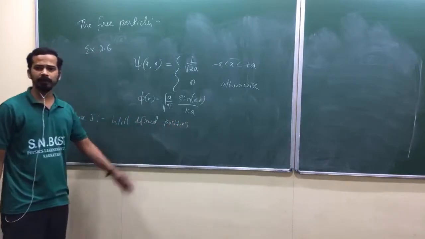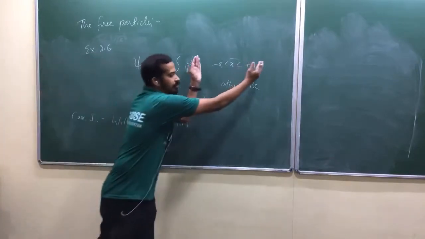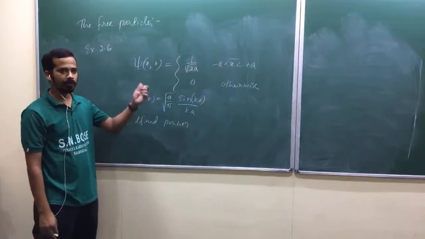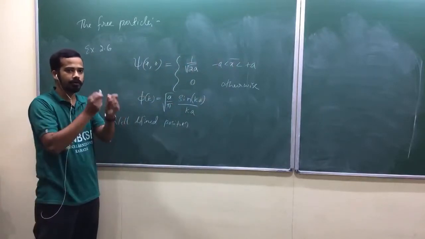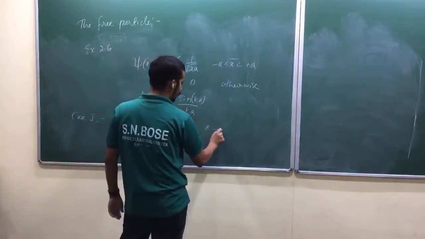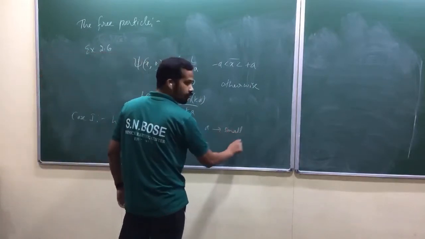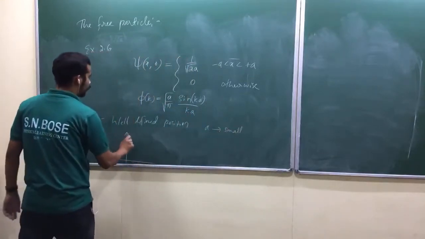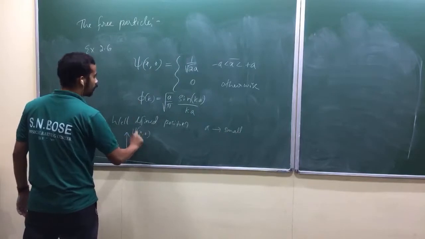How do you make a well-defined position? So shrink this one. Make a wave function which is non-zero only within a very small region. That means a is small. Am I right? So that your psi of x comma 0, isn't it?